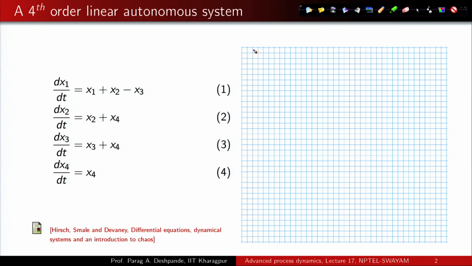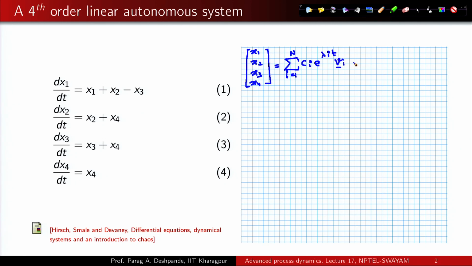In general, I would have written the solution x 1, x 2, x 3, x 4 as summation i going from 1 to capital N c i e to the power lambda i t v i under bar. I do have 4 eigenvectors, but now I cannot use this formula simply like this anymore.